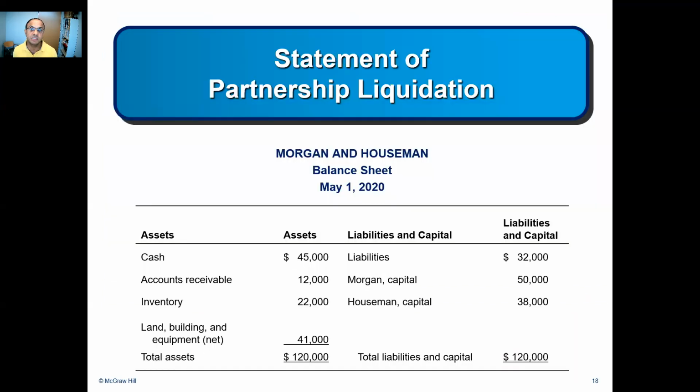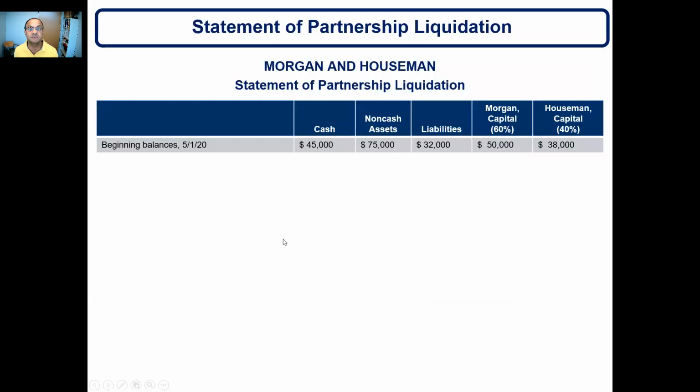The next point in this example is the statement of partnership liquidation. How do we make this statement? We take the same balance sheet, but we put all the non-cash assets into one column, and we put it in this format.